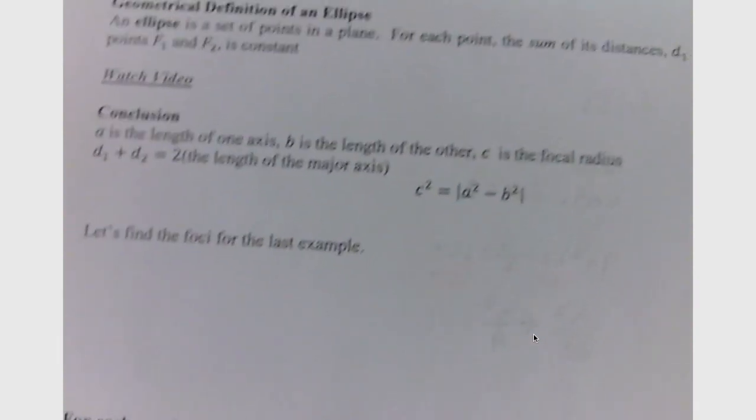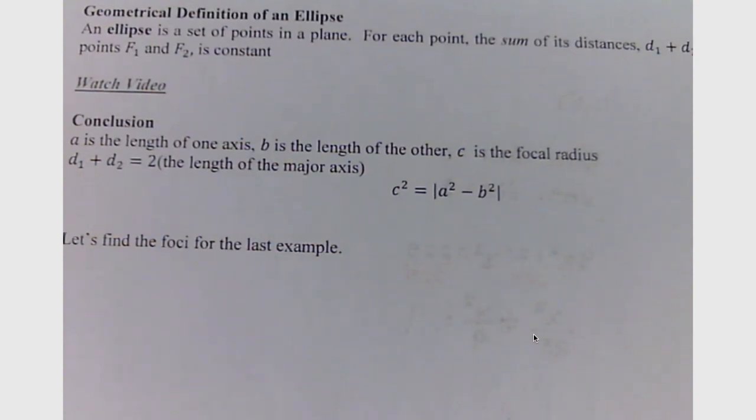Now, there's a little bit more with an ellipse because it's not the set of points equidistant from one point. We actually have two fixed points, what are called foci.